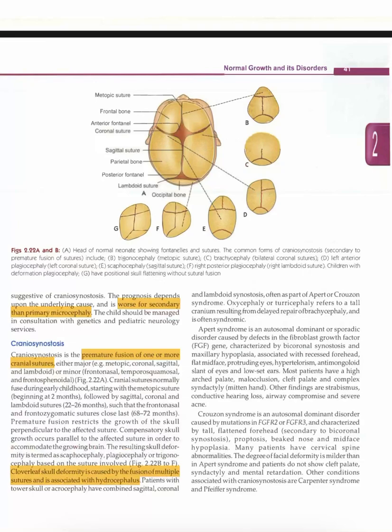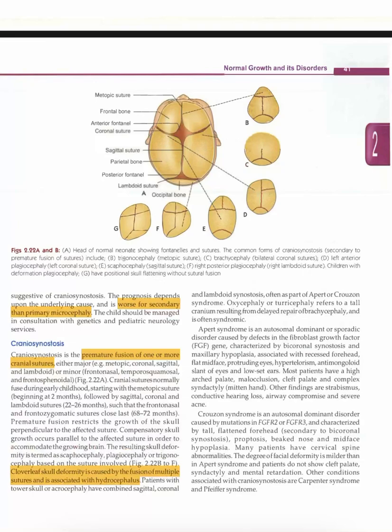Oxycephaly and turricephaly refer to tall cranium resulting from delayed repair of brachycephaly and are often syndromic. Apert syndrome is an autosomal dominant or sporadic disorder caused by defect in fibroblast growth factor receptor gene, characterized by coronal synostosis and maxillary hypoplasia associated with recessed forehead, flat midface, protruding eyes, hypertelorism, antimongoloid slant of eyes, low set ears. Most patients have syndactyly. Other findings are strabismus, conductive hearing loss, airway compromise, and severe acne.